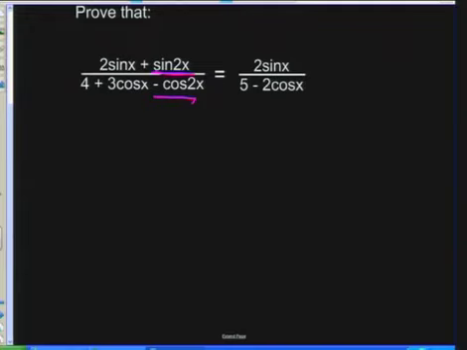If you look at your formula sheet, you should have something like this. Sine of 2x is equal to 2 sine x cos x. So I can use this.